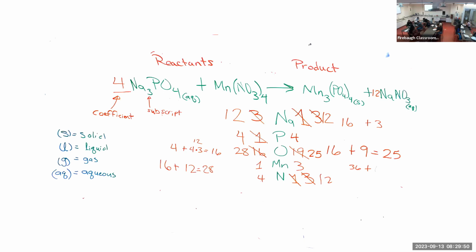We had 36 plus 16, 52. That is a lot of oxygen. So we have a total of 52 oxygens.